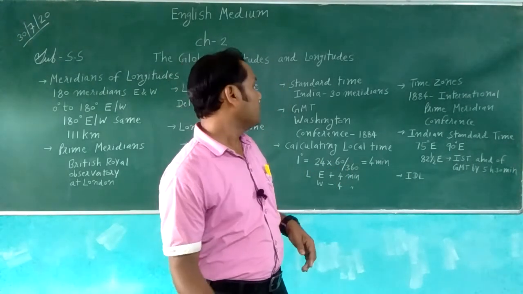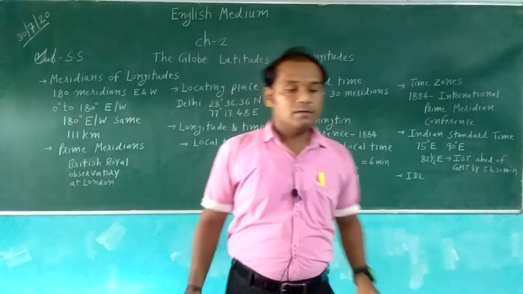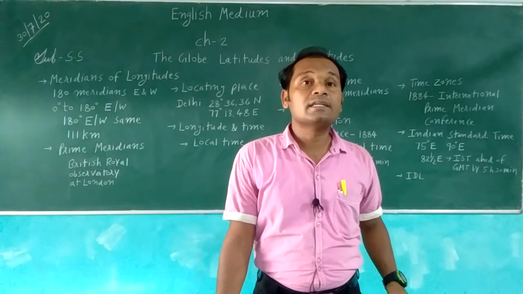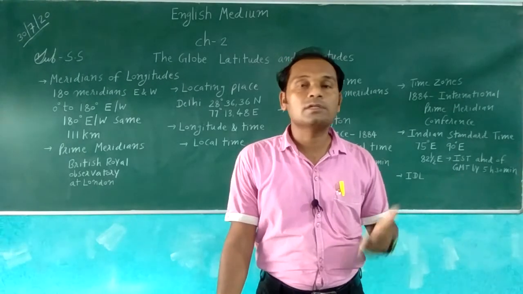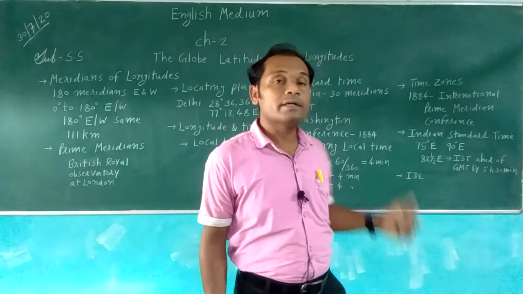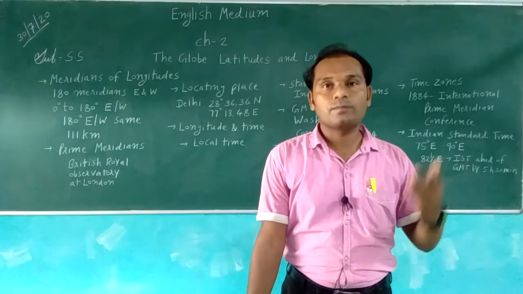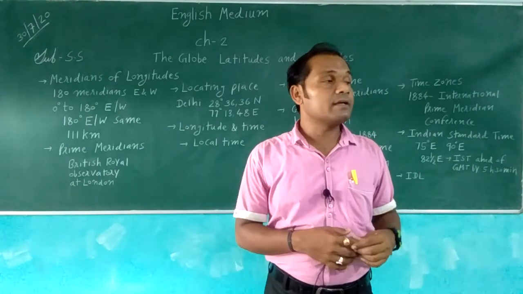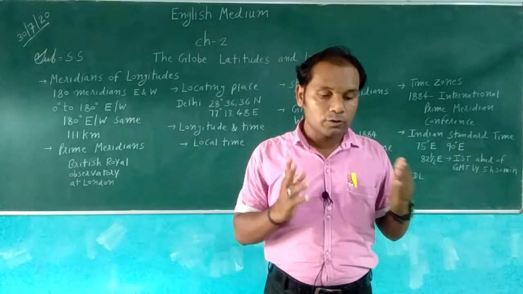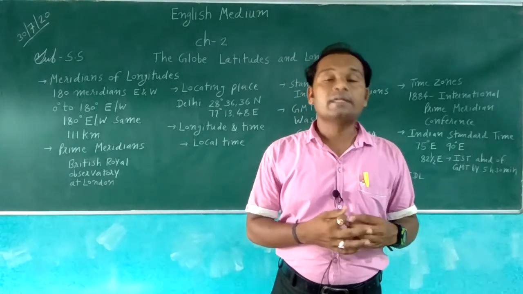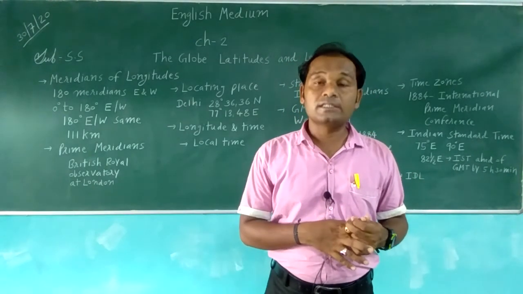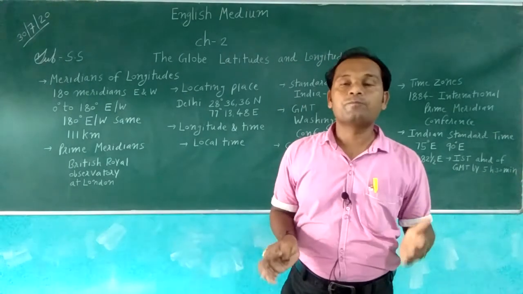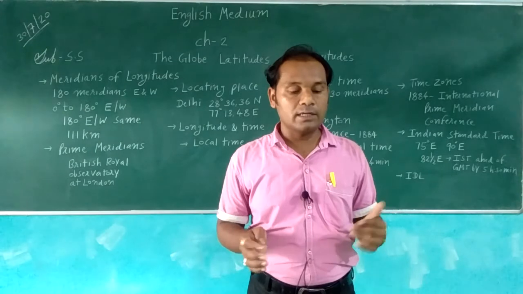IDL, International Date Line. The International Date Line is an imaginary line running from the North Pole to the South Pole of the globe. It passes roughly through the Pacific Ocean, following different longitudes and latitudes.